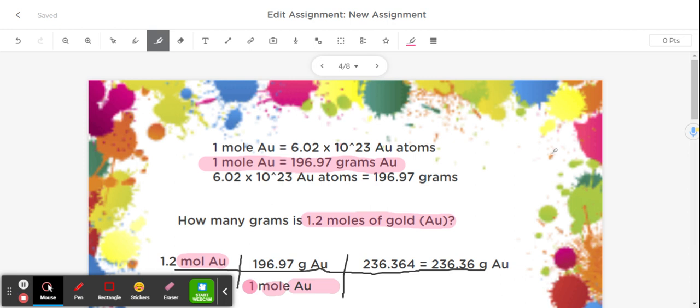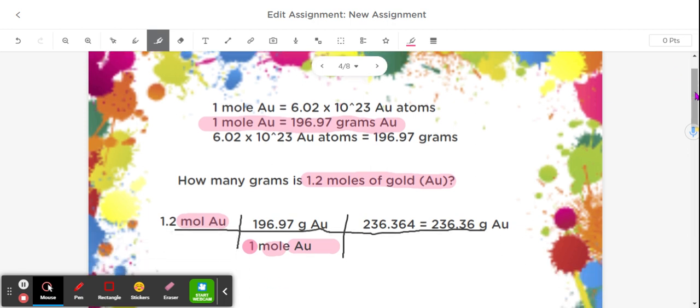So if you like to look at patterns, anytime we put moles into our truth table, the number that goes with it is 1.